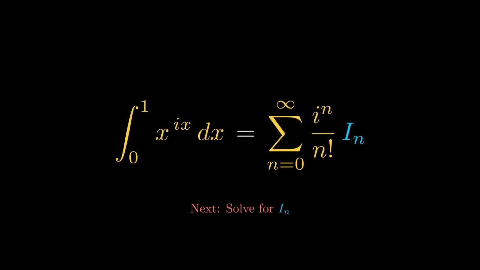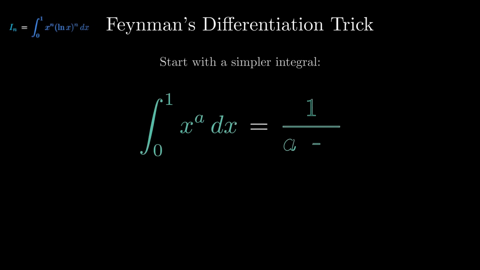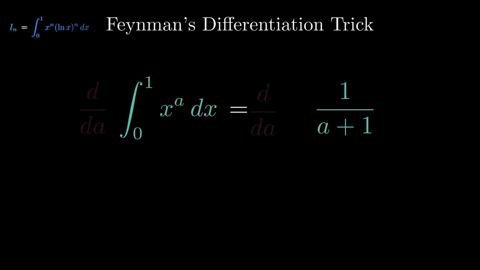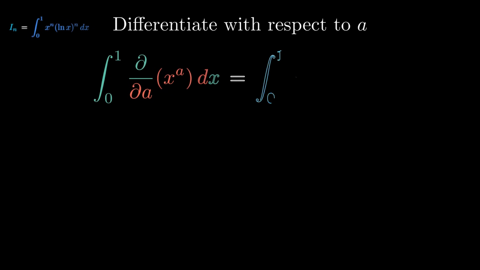Next, solve for I_n. Start with a helper integral that is easy to solve. The integral from 0 to 1 of x to the a dx equals 1 over a plus 1. Now comes Feynman's trick. Differentiate both sides with respect to a. On the left, the derivative moves inside the integral. The derivative of x to the a is x to the a times natural log of x.